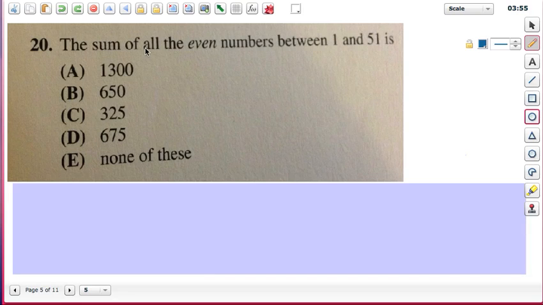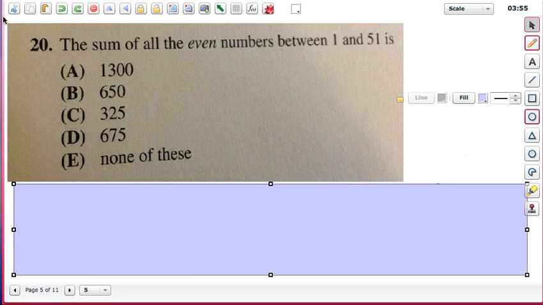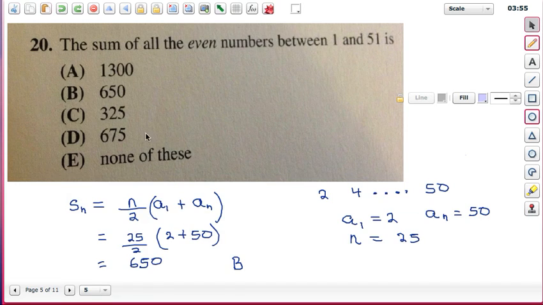The sum of all even numbers between 1 and 51. So the formula for sum of all the numbers for the arithmetic series is number of terms divided by 2 multiplied by the first term plus the last term. So even numbers between 1 to 51 would start at 2, end at 50.